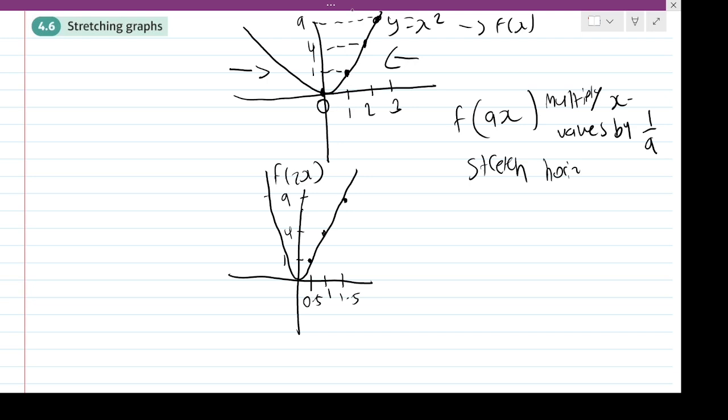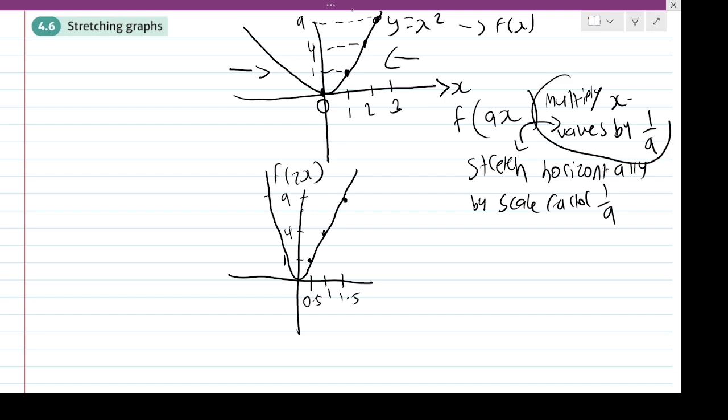The x-axis is a horizontal line, so we call it a horizontal stretch. It's a stretch horizontally, which is a fancy way of saying it affects the x values, essentially. So it's a stretch horizontally by scale factor 1 over a. And these two mean the same thing, essentially.